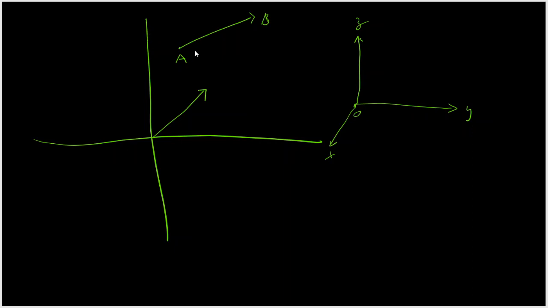A directed line segment represents a vector. A vector has an initial point and a terminal point. If I want to write a vector using one letter, you can represent the vector using notations like the most commonly used v, or u.